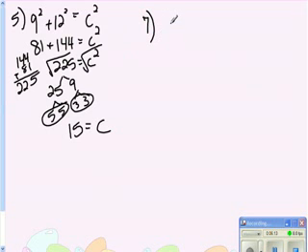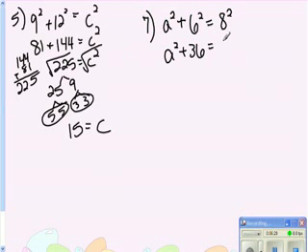Number 7. So I'm going to look for A this time. I don't know what A is. So that becomes A squared plus 6 squared equals 8 squared. A squared plus 36 equals 64. Subtract 36.